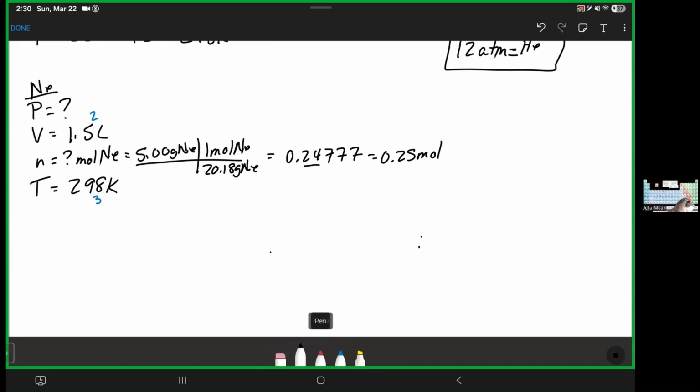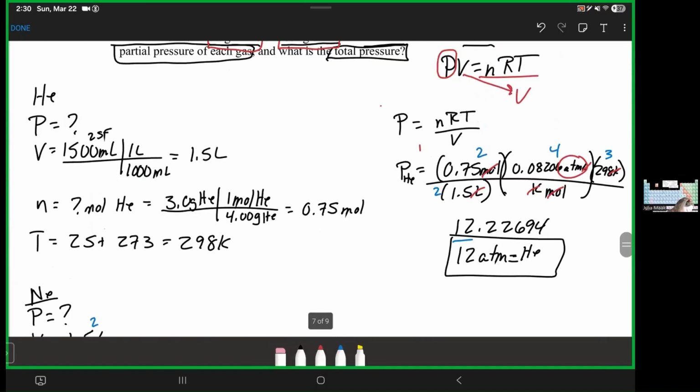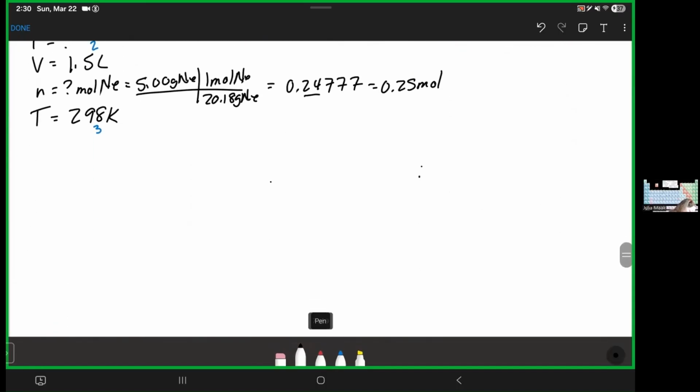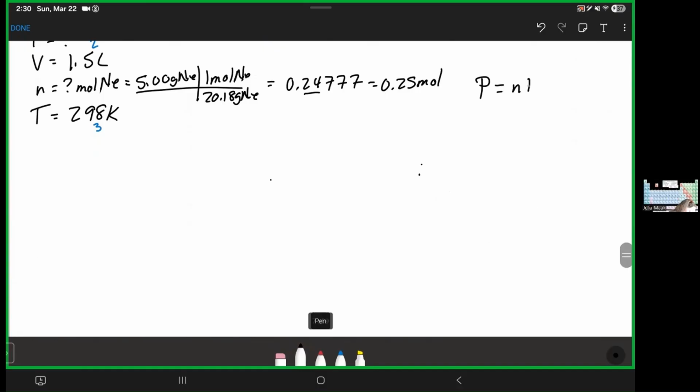We're solving for the same thing, pressure. So again, we're still using our P equals nRT over V. So my P is equal to my moles, 0.25, we rounded, we decided to round there. You can not round if you want to and round at the end, it's totally up to you.